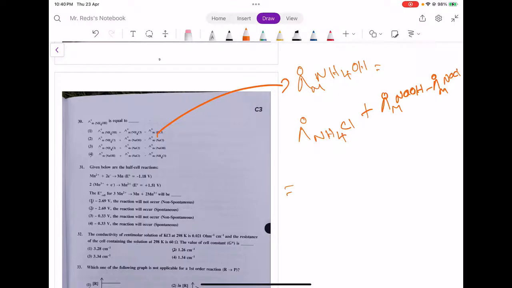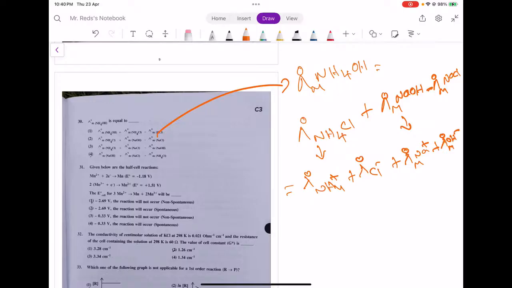Why? Because this compound dissociates into lambda naught NH4 plus and lambda naught Cl minus. This compound dissociates into lambda naught m Na plus and lambda naught m OH minus.